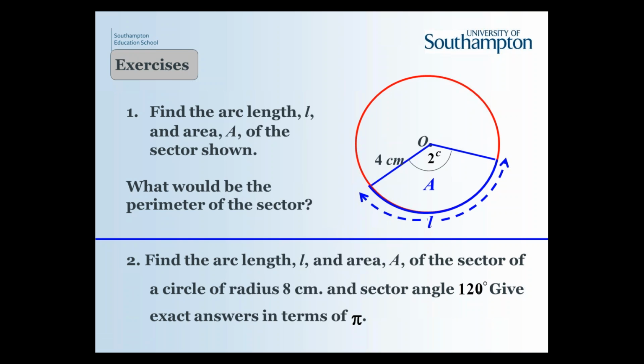Well, we know all the way around is 2 pi. So all the way around is 2 pi, so it would be 8 pi. No, the perimeter of the sector is just asking for this bit and this bit and this bit, basically.